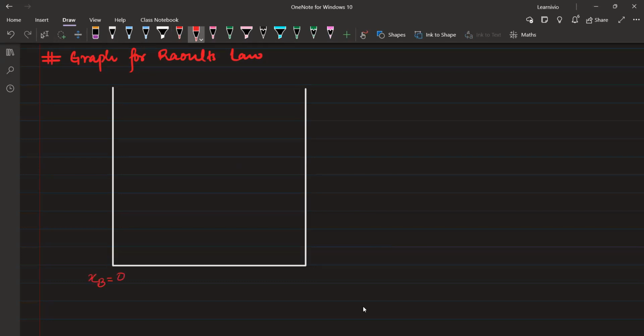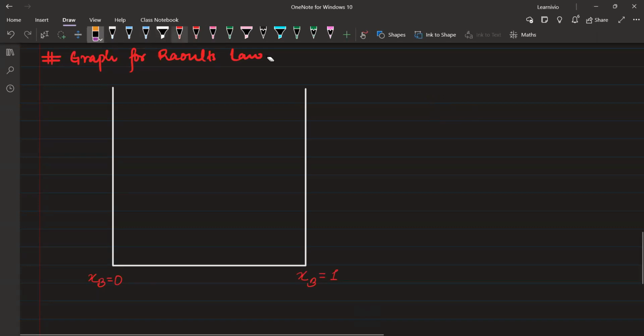It is equal to 0. So mole fraction of solute will be 0. Then it will increase gradually, and the maximum value of mole fraction will be 1. It cannot go above 1, right? I hope all of you know that the maximum value of a mole fraction is 1. That means number of moles of B divided by total moles, when only B is present, will be 1. That is pure B.